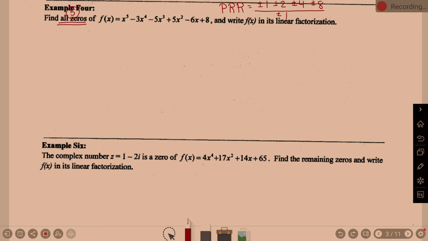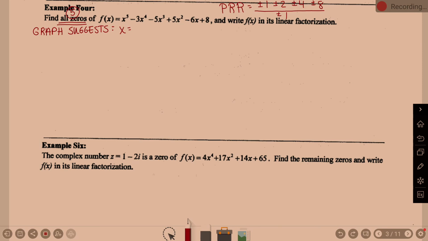So start graphing that. Graph it, or are you guys going to be able to get it figured out? Or -2. Does that sound right?